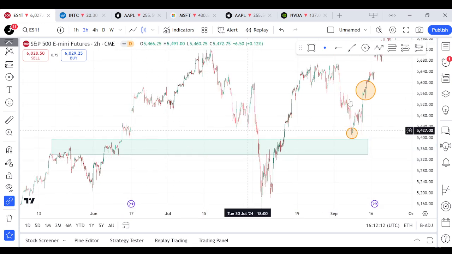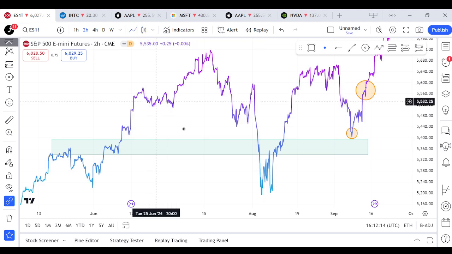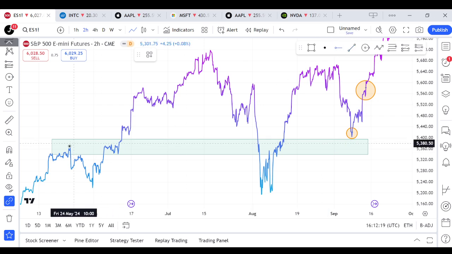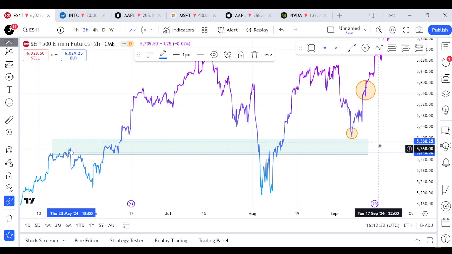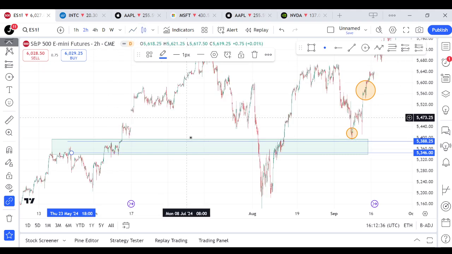If you look at the line chart, let's make it easier, we have price reacting off of this level more often than not. I'm going to bring this down right here, and we have the second line here. So this is a key level that price has been retesting in the past.